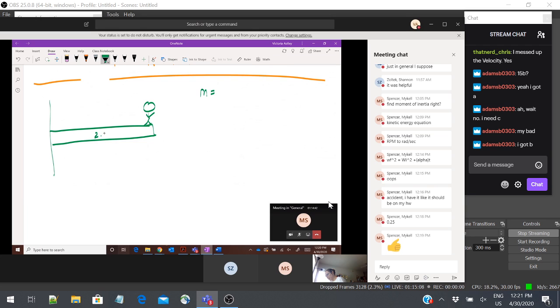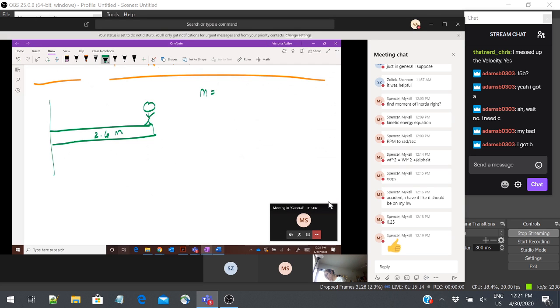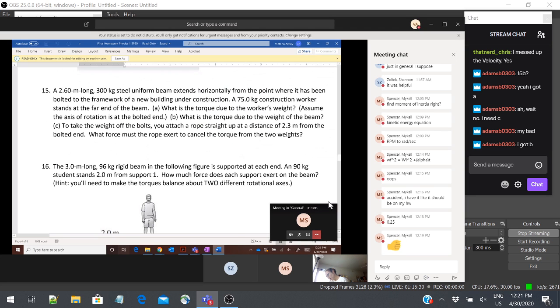It was 2.6 meters long, 300 kilograms and 75 kilograms. Okay, you're given 6 meters long. You want to attach a rope at 2.3 meters from the bolted end.